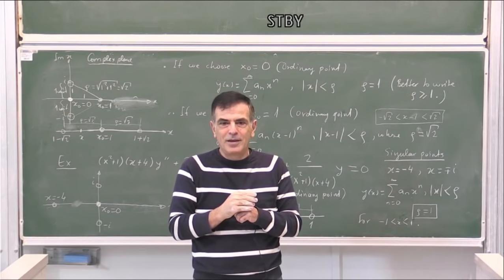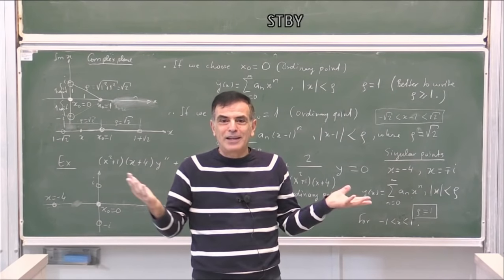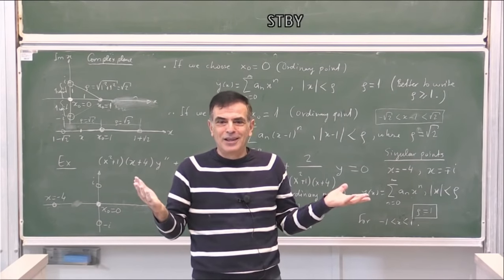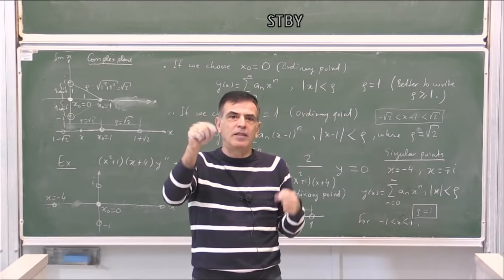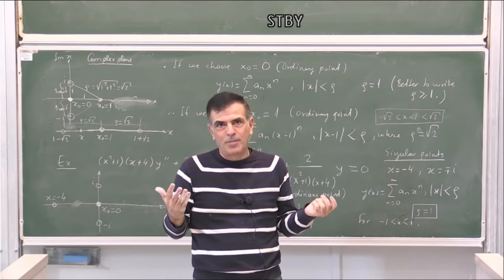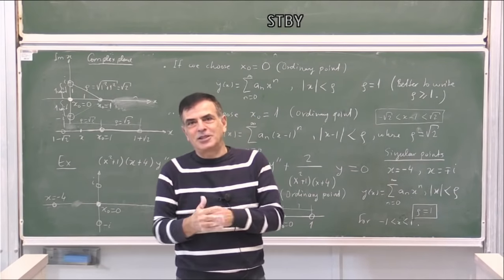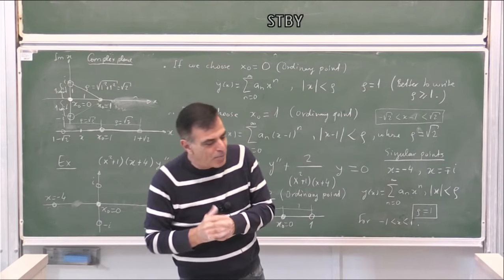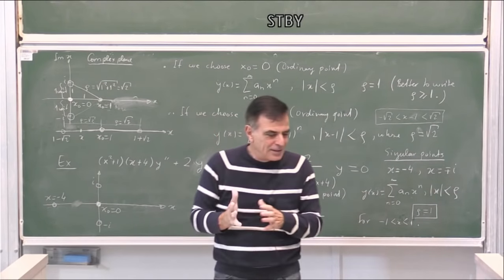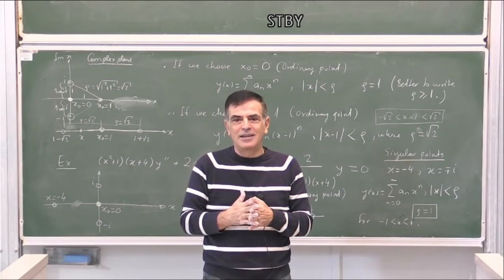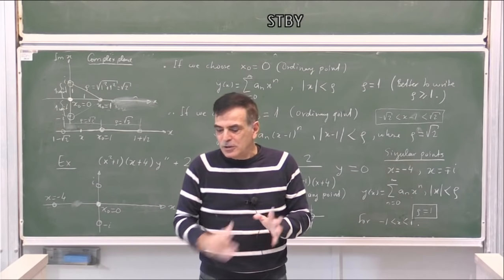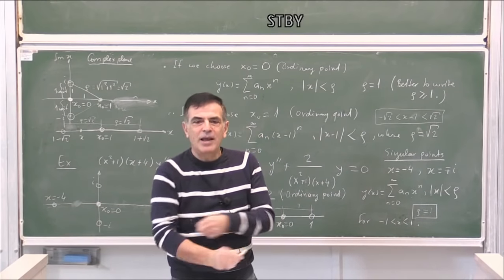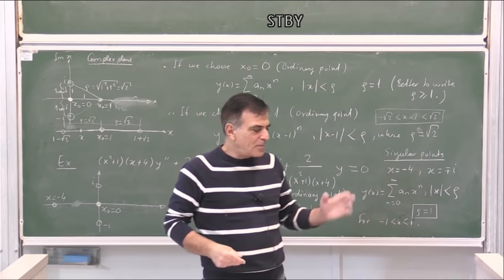Now we know everything about that solution, which is independent of the differential equation under consideration, and which depends only on the point x0 we choose. Suppose that x0 is an ordinary point. Okay? So all we need is to evaluate the coefficients a_n. So we finish this lecture by giving an example.